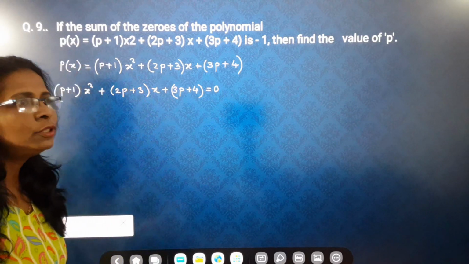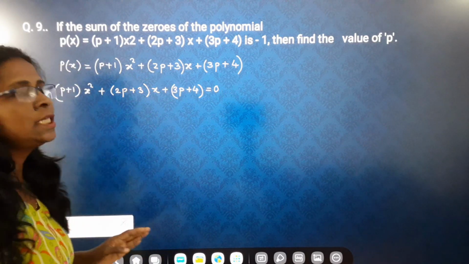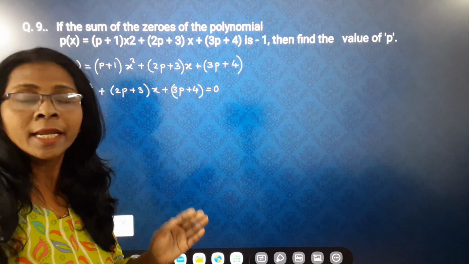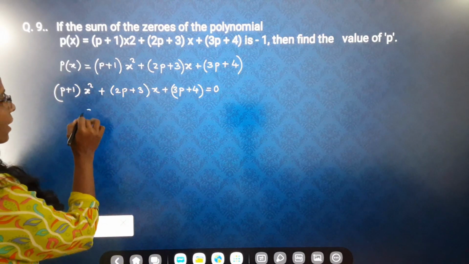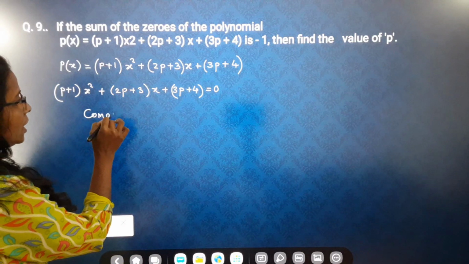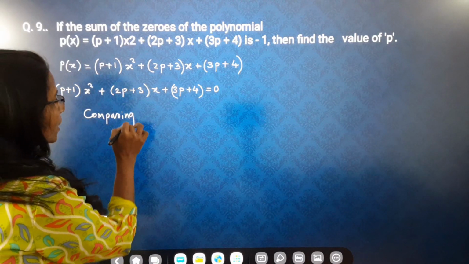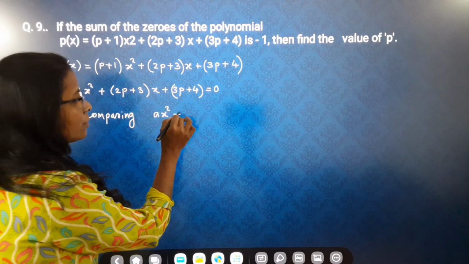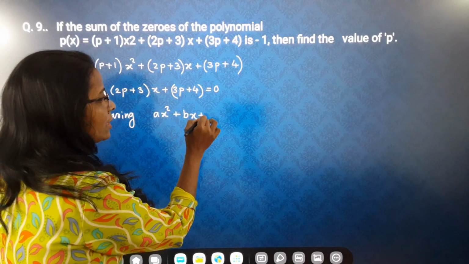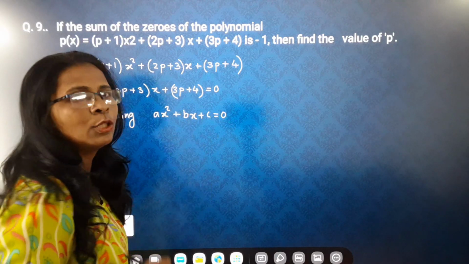Now this equation is in the quadratic form. So we compare this equation with the general quadratic form of equation, that is ax square plus bx plus c is equal to 0.